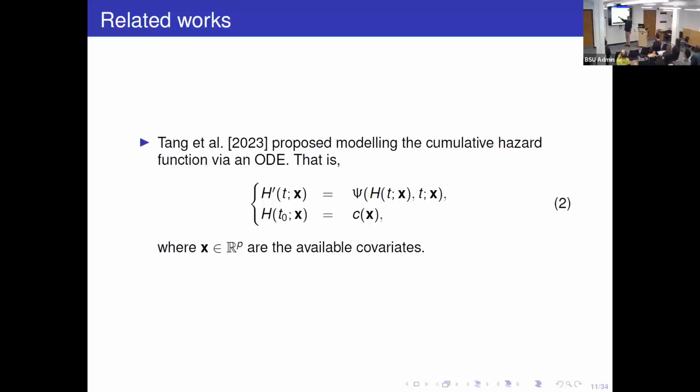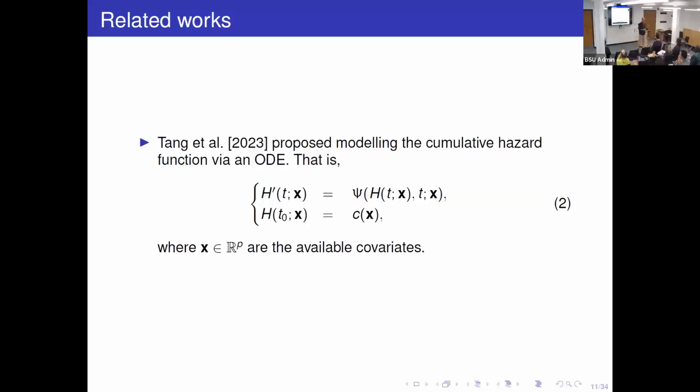So instead of the derivative of the hazard function, they have the derivative of the cumulative hazard function, and then here they have the random field. The first difference is that they only use a one-dimensional ODE. They do not consider systems. Second, they are modeling the dynamics of the cumulative hazard function, which we know determines the hazard function. So they are modeling the hazard function.